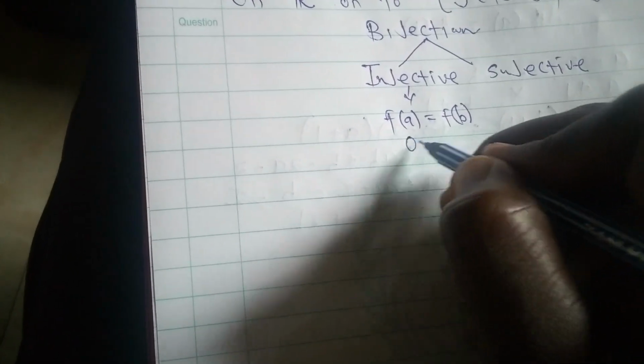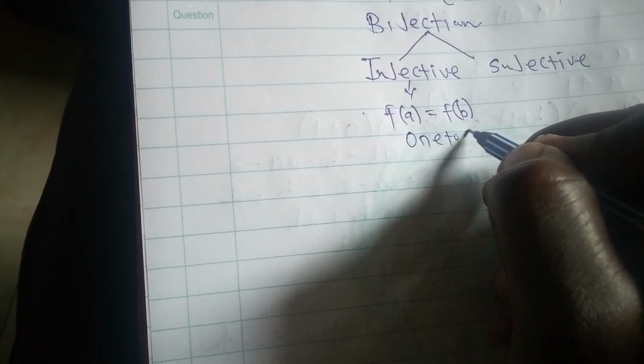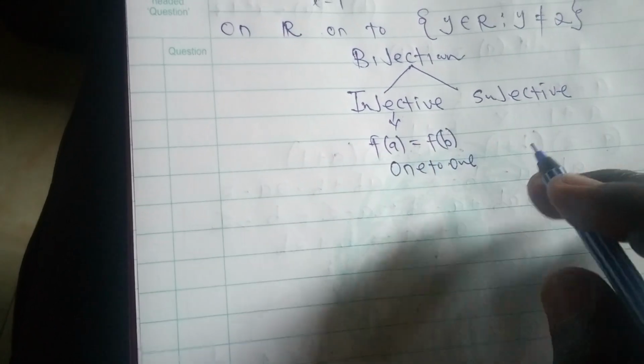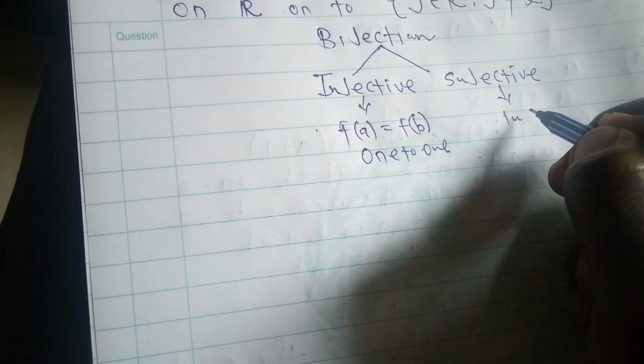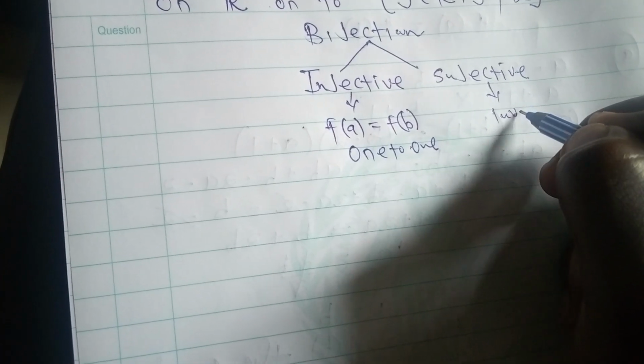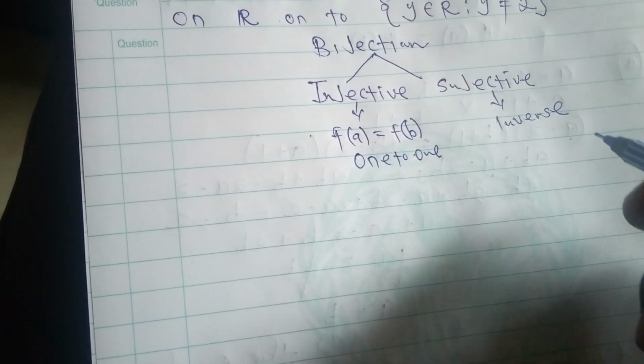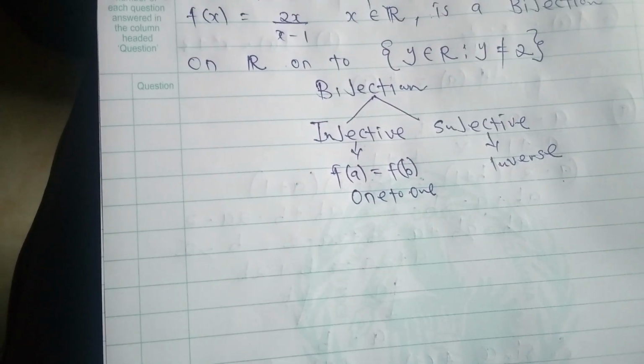So that is 1 to 1 for injective. And then surjective, you find the inverse. That is what you should bear in mind. So we are going to start with injective.